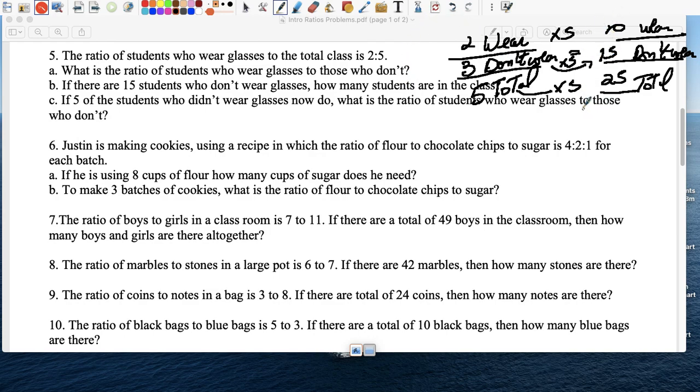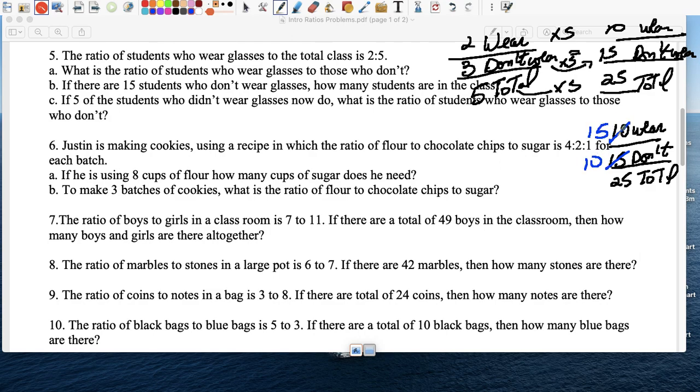If 5 of the students who don't wear glasses now do, what's the ratio? So we have currently 10 who wear, 15 who don't, for a total of 25, right? So if 5 of those who didn't wear now wear, this is going to change to 15 and this is going to be 10, right?